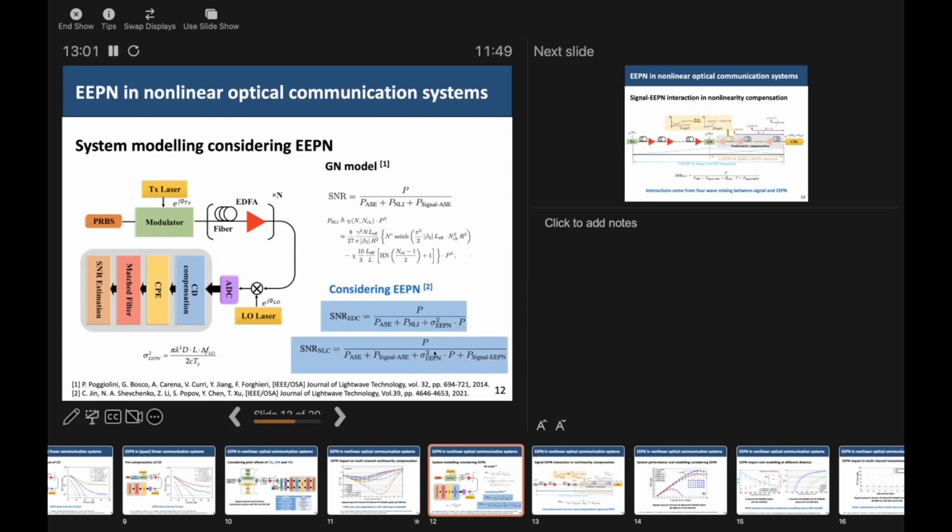The impact of the equalization enhanced phase noise is equivalent to the impact of the transceiver noise. It limits the system performance in terms of the signal to noise ratio, not just the distortions, which means if we further increase the signal power, the impact of equalization enhanced phase noise will increase proportionally. So it will limit the upper signal to noise ratio.